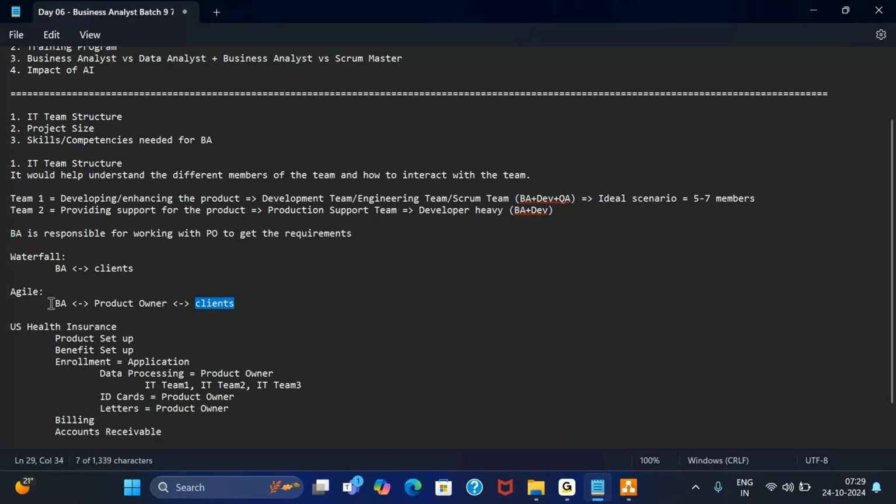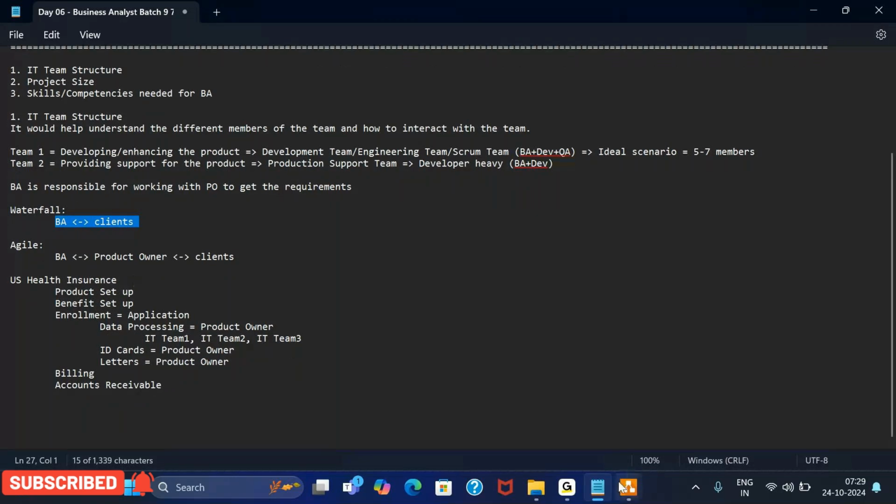In such cases, whatever questions you would ask the product owner, you will directly ask the client if there is no product owner in between. That will be like working in a waterfall model. So the person I am asking may change, but the kind of questions I am asking and the kind of work I have to do still remain the same.